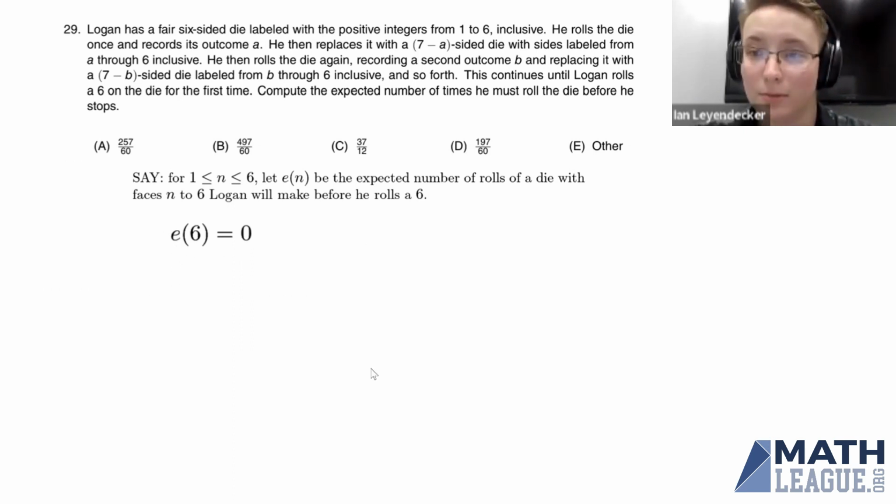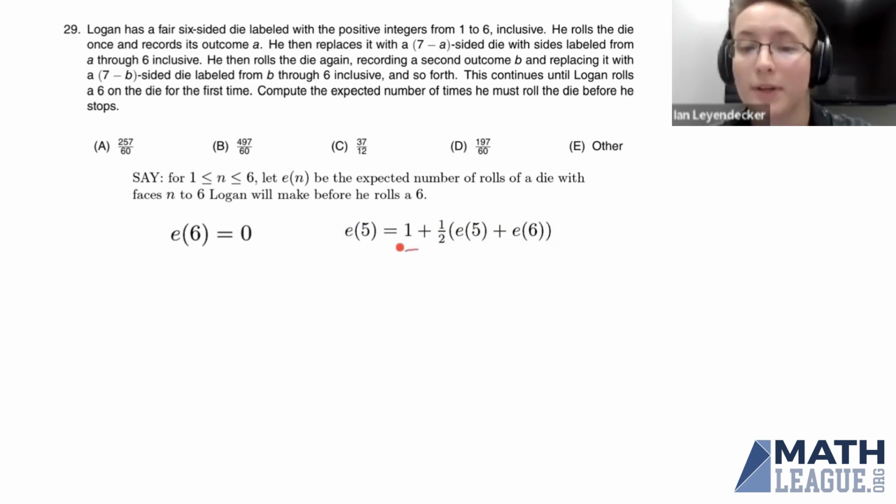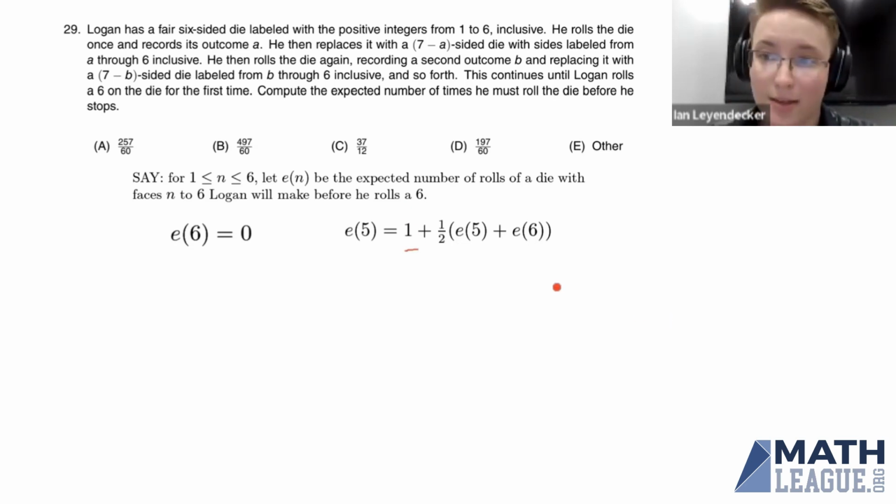Now that we've defined e of 6 as 0, let's think about e of 5. So the expected number of rolls that Logan will make if he's holding a die labeled with two sides, 5 and 6. Well, he's going to have to make one roll, right? That's where he's starting. He's about to roll his two-sided die, one side saying 5, one side saying 6. So that's where our 1 comes from. And then he's either going to get a 5 or a 6, with equal probability.